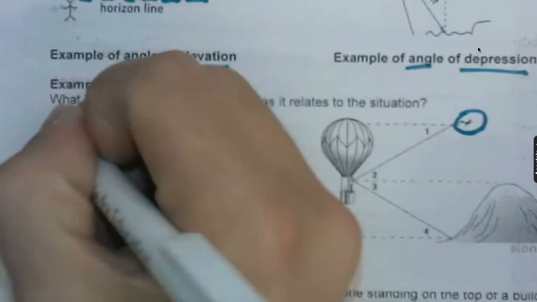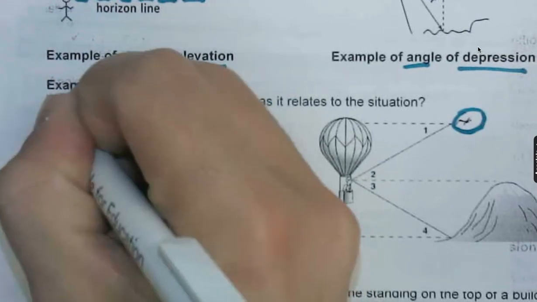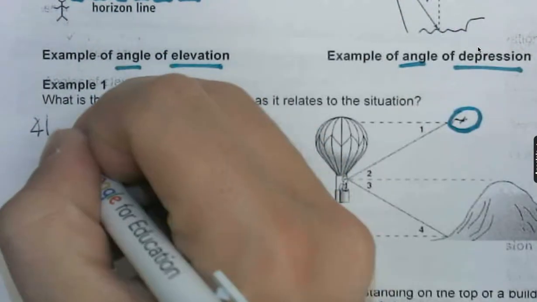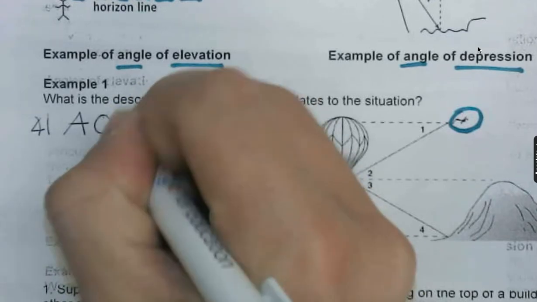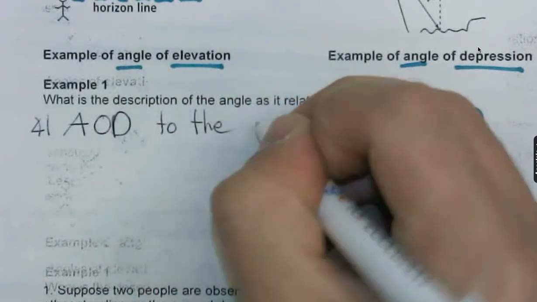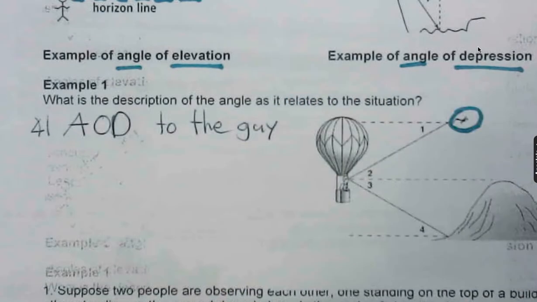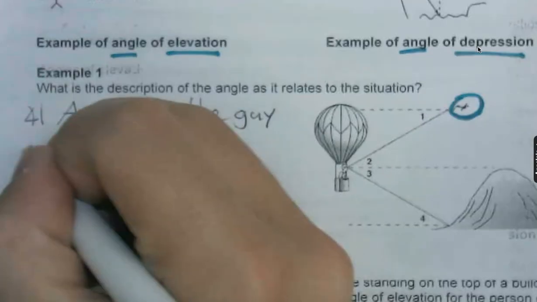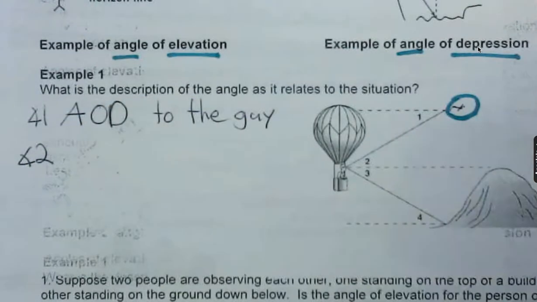Is that depression? Is that elevation? We would be saying that angle 1, since we're looking down, is an angle of depression to the guy in the air balloon. For angle 2, what do you think about that?